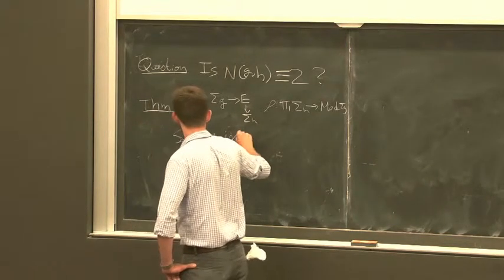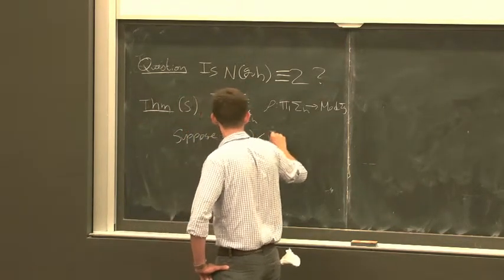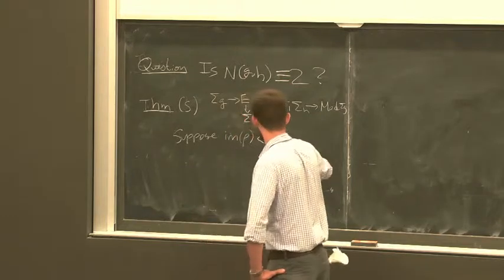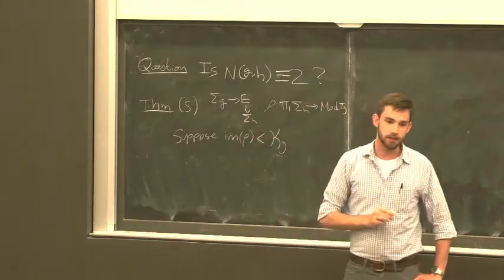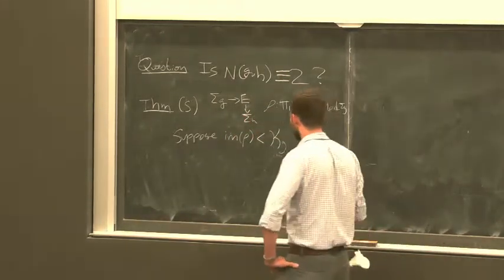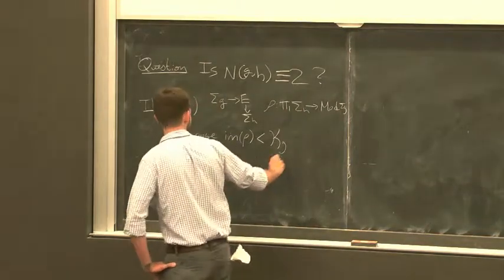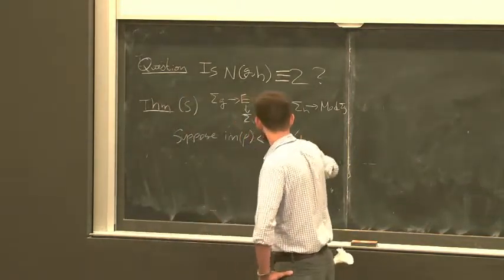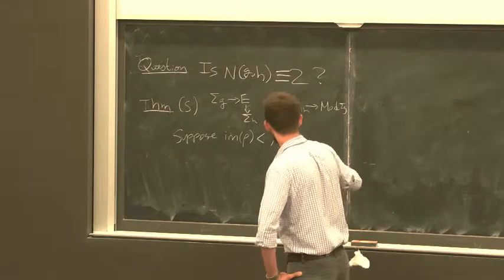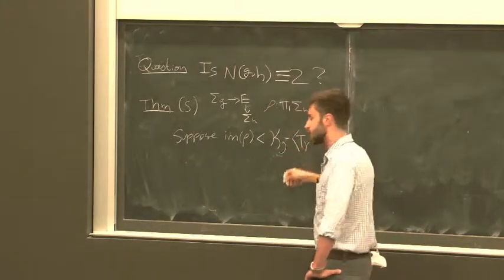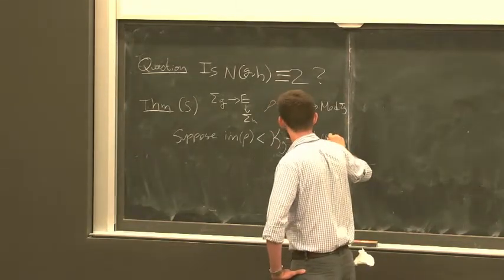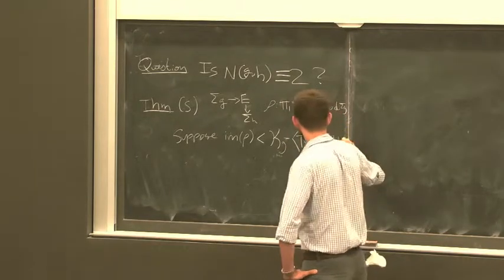Suppose that the image of ρ is contained in this subgroup of the mapping class group written Kg. This is known as the Johnson kernel. So what is this? Kg is just those mapping classes that are generated by Dehn twists T_γ, where γ is a separating simple closed curve.